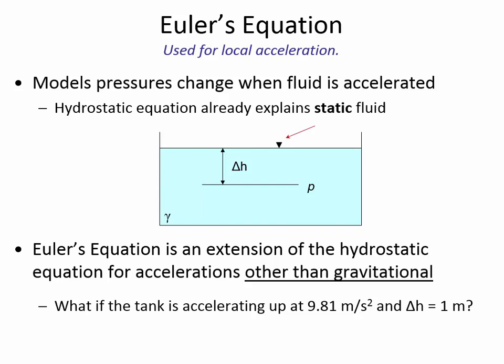So it would be 1 meter times 9810 newtons per meter cubed, so 9810 pascals. But then there would also be the extra acceleration, so plus another 9810 pascals. So what is that? 19,620 pascals, I think, if it was accelerating up.